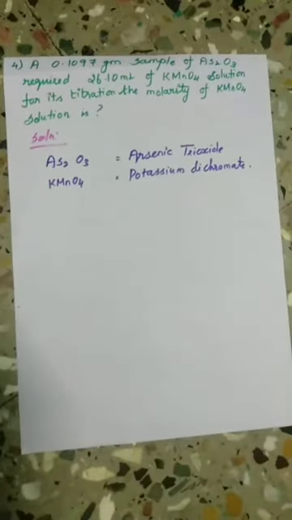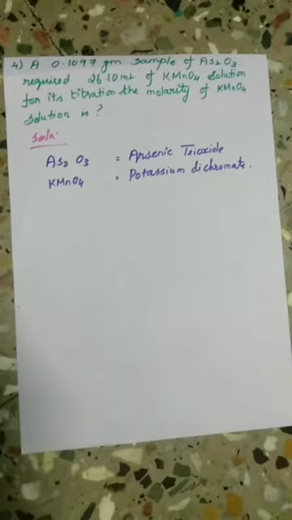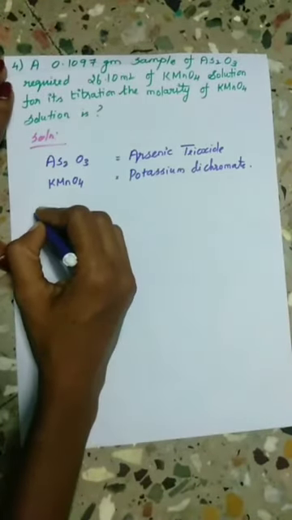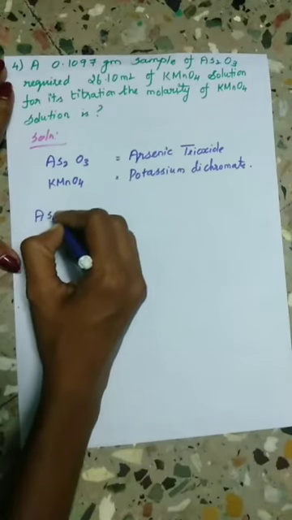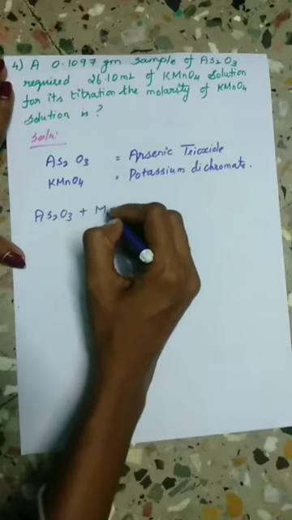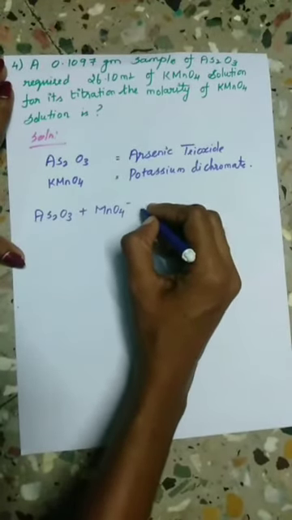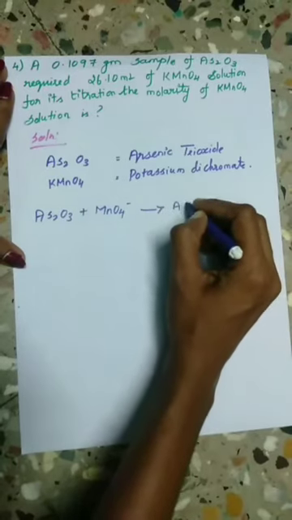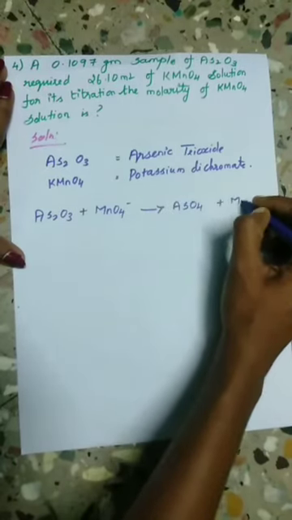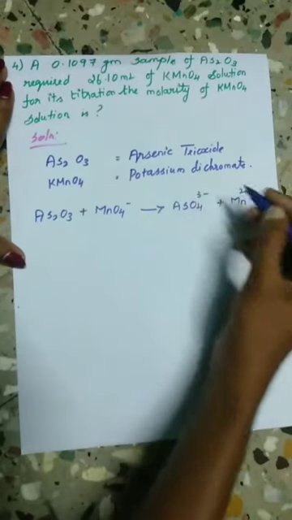So here we will see the solution. The equation is arsenic trioxide reacting with KMnO4 and it gives products.